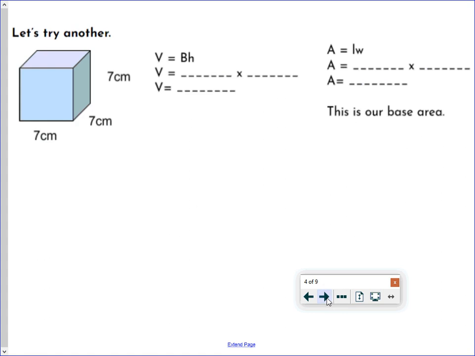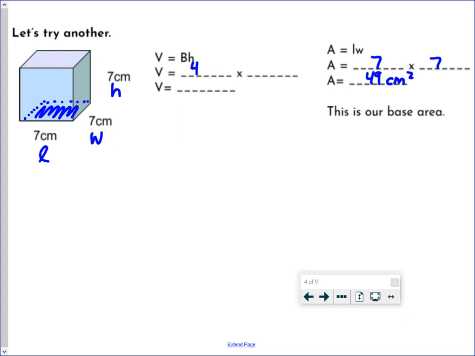So let's take a look at another example. You're starting out with the base area, so here would be our base. If it's a rectangular prism, just use the bottom as the base. So the base area would be length times width, which is 7 times 7. You can label these length, width, height. So that gives us 49 centimeters squared.